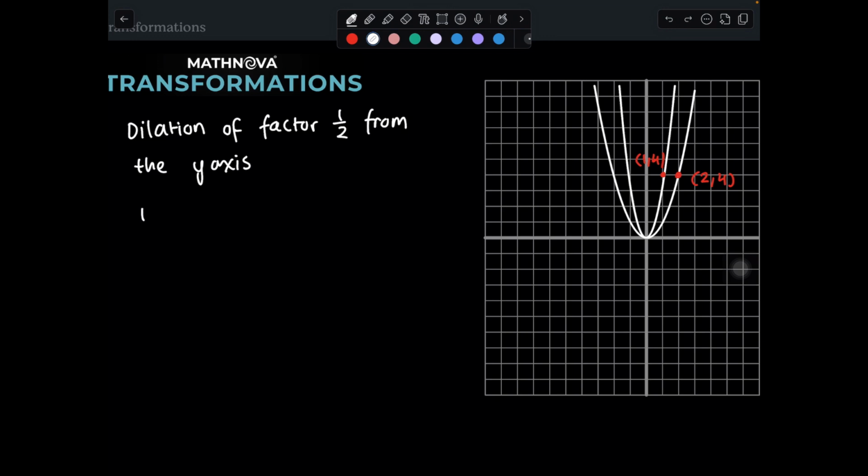So our original graph is y equals x squared. What happens when you dilate by a factor of something from the y-axis is you write down the reciprocal of that factor. And reciprocal just means the flipped version. So you replace the x values with 2x.